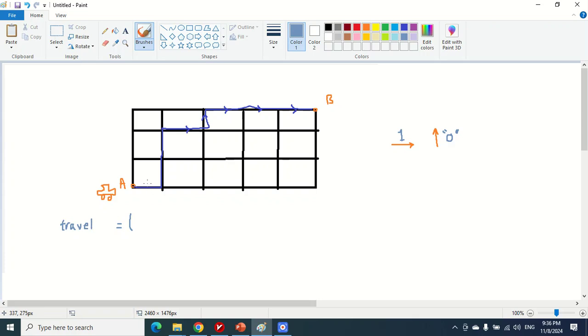It's going to the right at the beginning, so I will put 1. Then it's going up, so we have 0, and again up. At the next step it's going up again, so we have one more 0. Then it's going to the right, which is 1. Then it's going up again, it's 0, and we have 3 rights as well, so it will be 1, 1 and 1. So this is a sample of traveling from a point A to the point B.